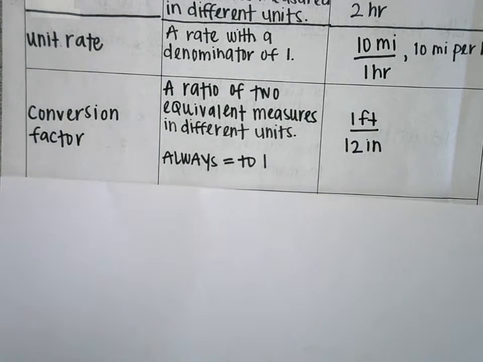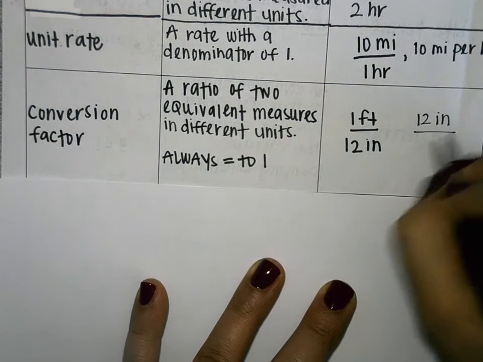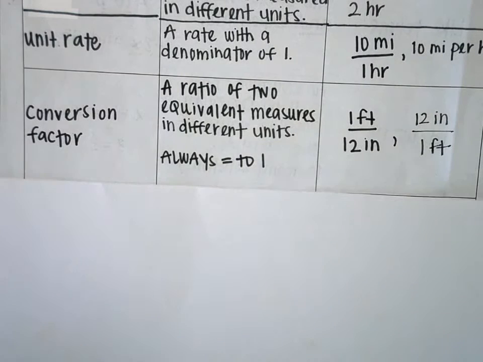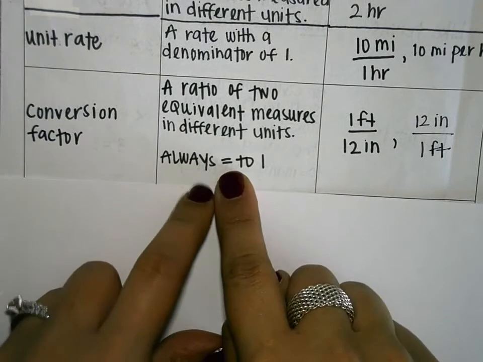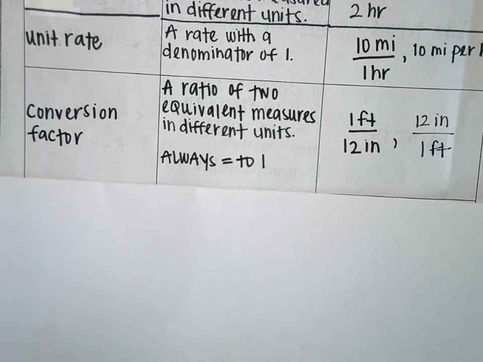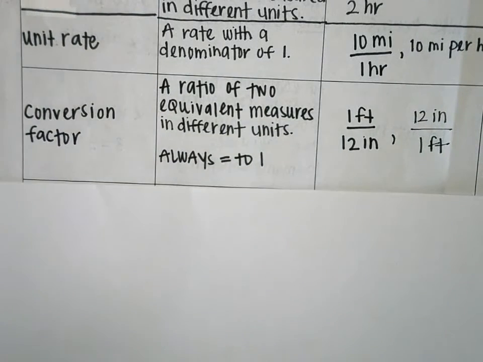We could also write this as 1 foot in 12 inches. It kind of depends on how we're going to convert, and we'll talk about that in just a second. So a conversion factor, one of the units always must be equal to 1, but it's the ratio that allows you to change between units. So for example, 12 inches and 1 foot.